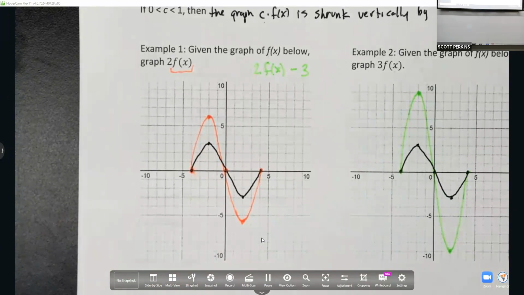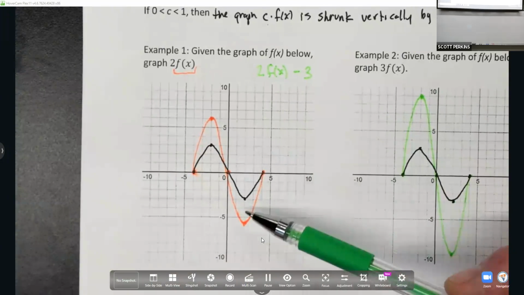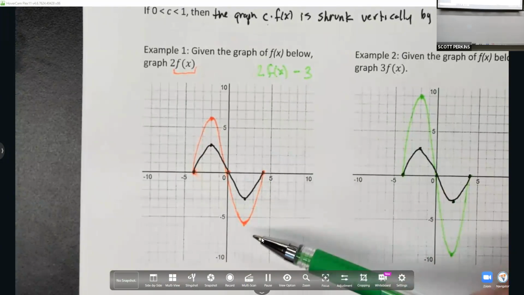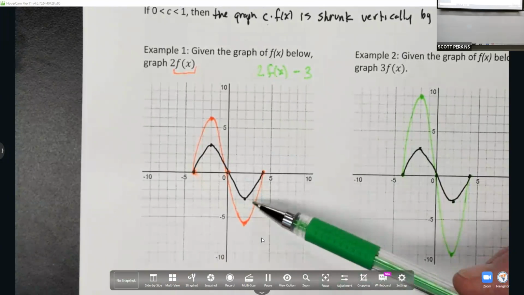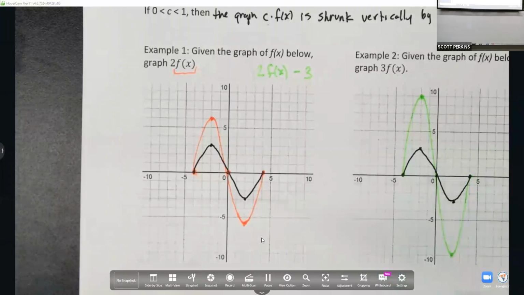When you get one of these problems and it has multiple things, stretching and translations, do your multiplication first. What I would advise you to do is have an intermediate graph and do the multiplication and graph it, whether it's dotted or lighter or something else, or maybe you go to Dollar Tree and get some colored pencils for $1, whatever it takes, and then do the translating from there.